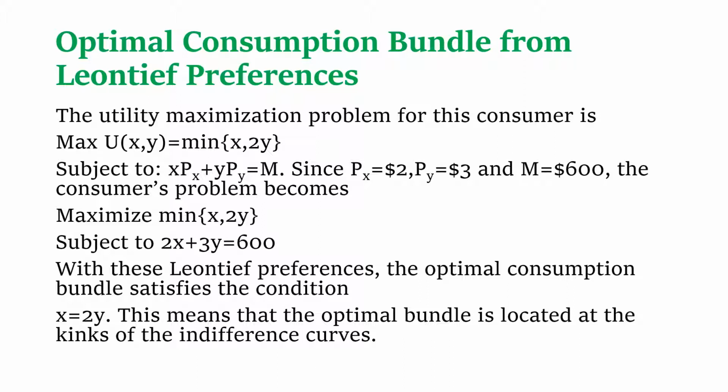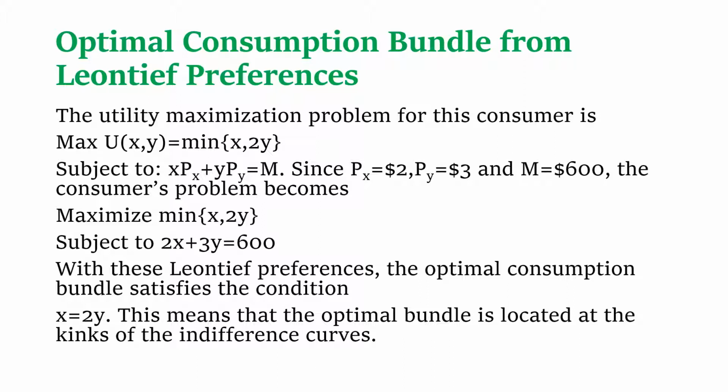With these Leontief preferences, the optimal consumption bundle satisfies the condition. Now remember the 45-degree line that crosses all those L shapes. That 45-degree line represents the optimal bundle. It shows where the optimal bundle is located.